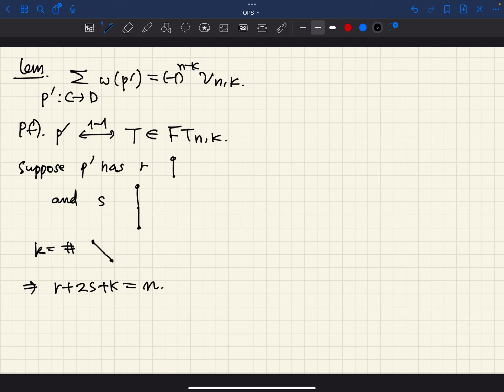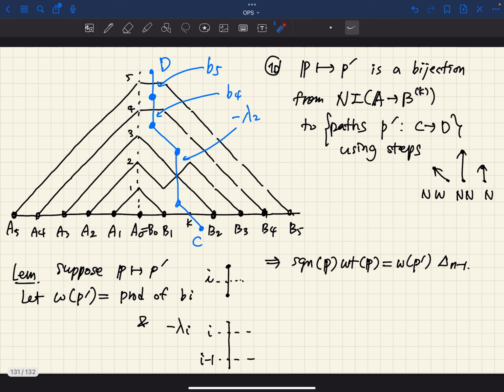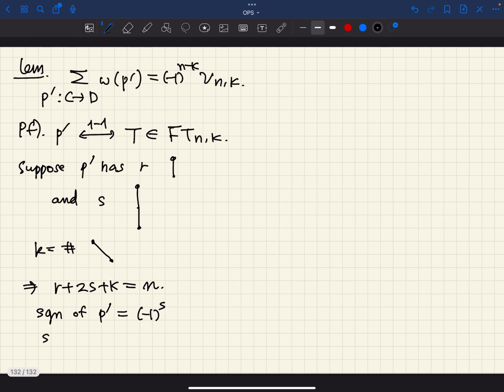So the sign of P prime is we only multiply minus 1 to s, because the minus only appears if you see a double north step. But what is the sign of T? We multiply minus 1 to every step, every monomial like this or monomial like this. So it's minus 1 to r plus s.